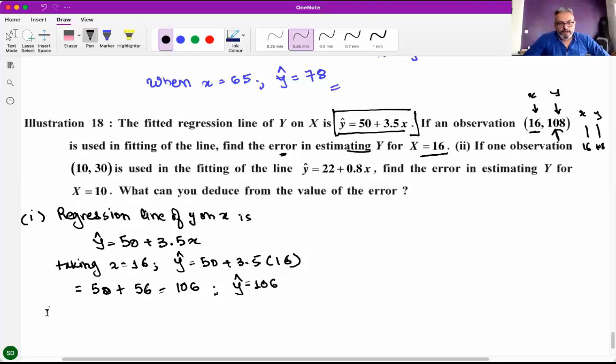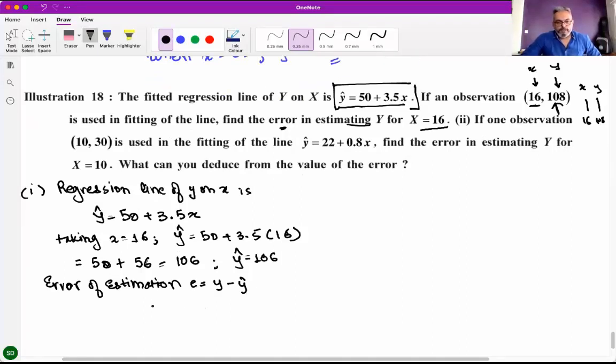So error of estimation E is equal to y minus y cap. Now what is y?